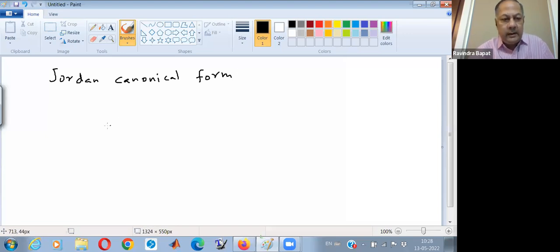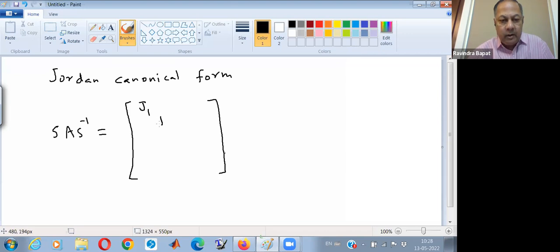Given a square complex matrix, you can find a non-singular matrix S such that it has the following structure: a block diagonal matrix.